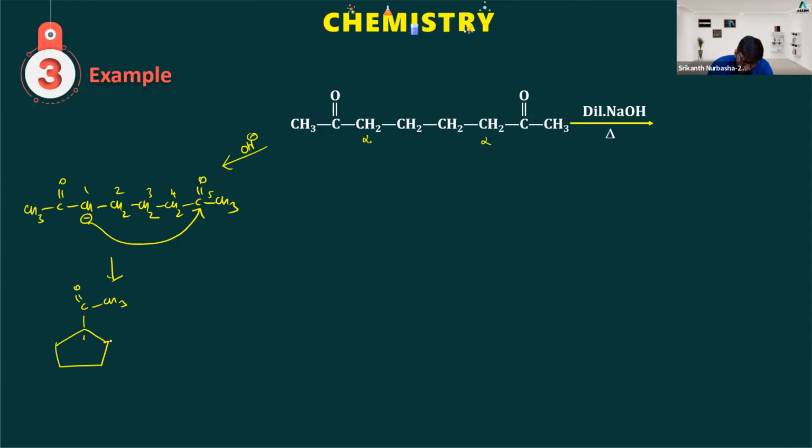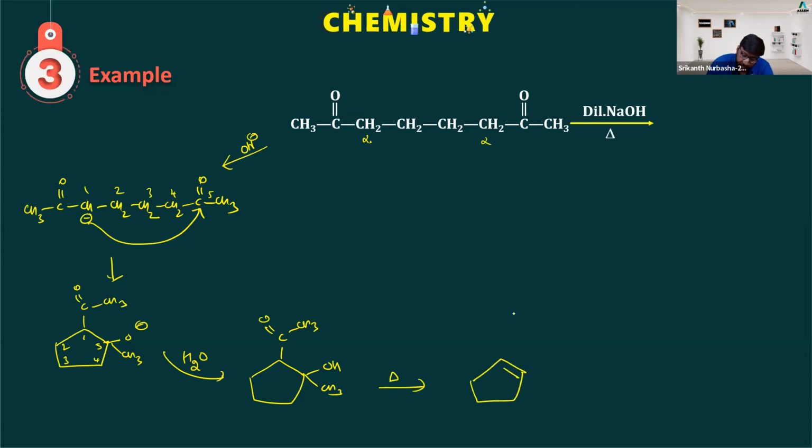Second, third, fourth, fifth. On the fifth position, you have CO minus and CH3. This picks up a proton from water, leading to the formation of COH, with C double bond O, CH3. This upon heating will form C double bond C, C double bond O, CH3 and a methyl group. So this will be the respective major product.